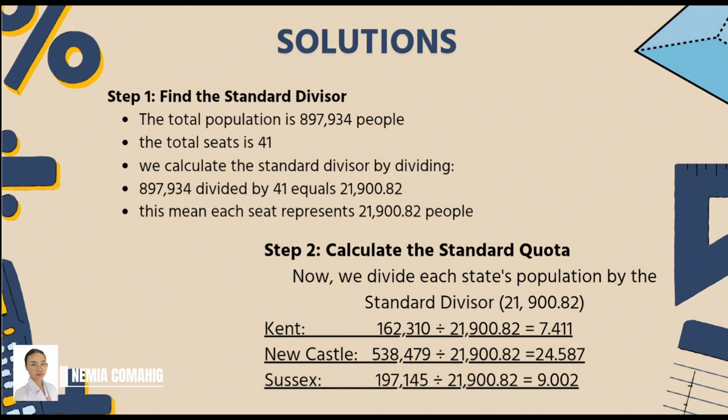Newcastle: 538,479 divided by 21,900.82 equals 24.587. Sussex has 197,145 divided by 21,900.82, which equals 9.002.